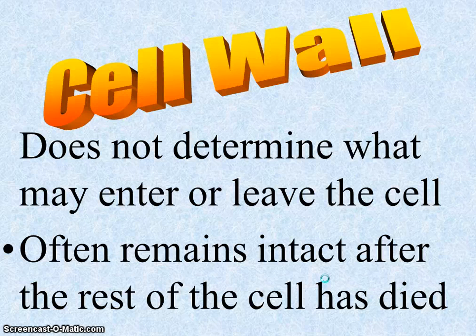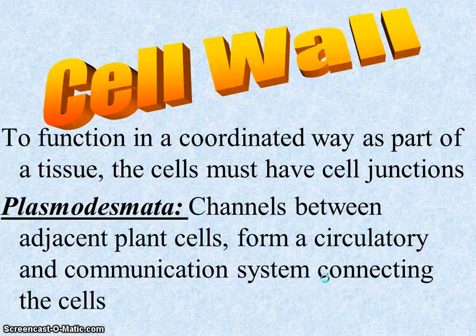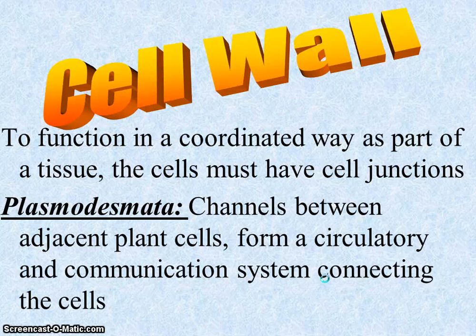And that's what Robert Hooke looked at when he was looking at the cork cells. He was looking at the cell wall. Okay, now there are some channels that are going to help with plant cells. The plasmodesmata is a channel between adjacent plant cells that is going to allow for communication and movement of things between the two cells.